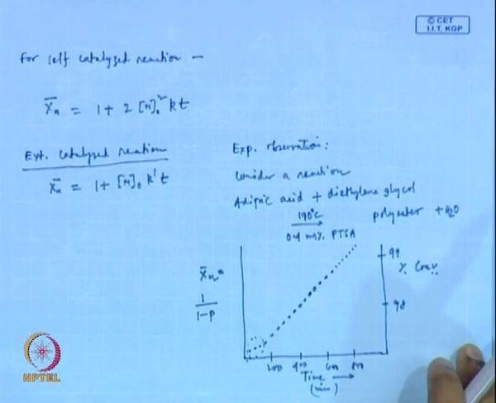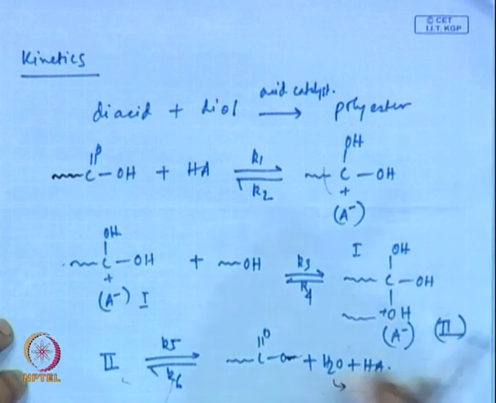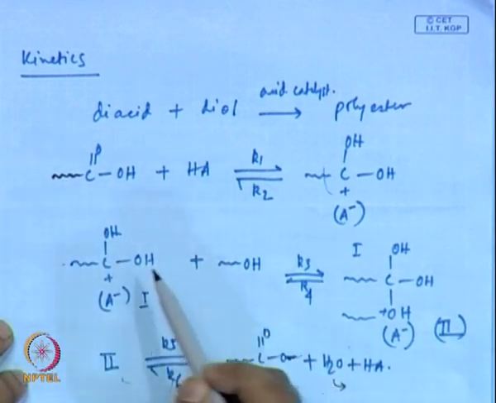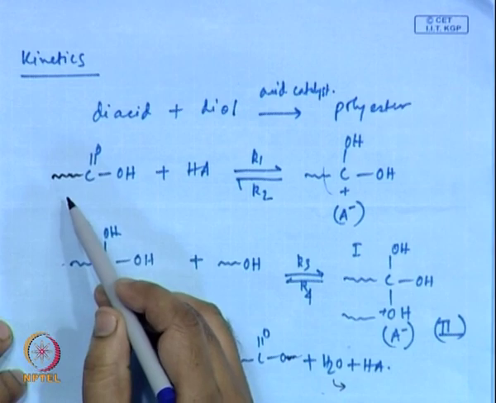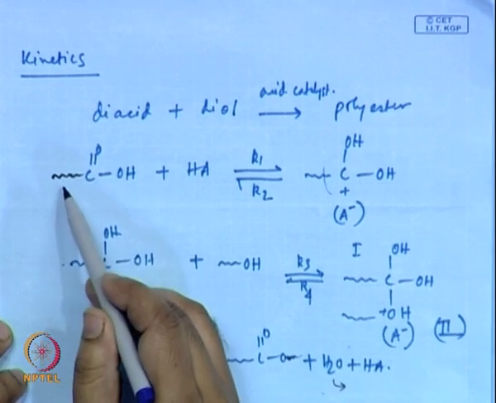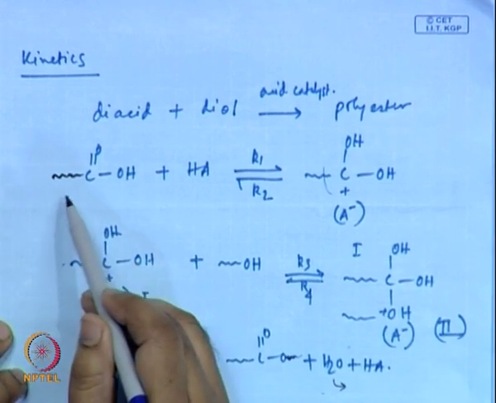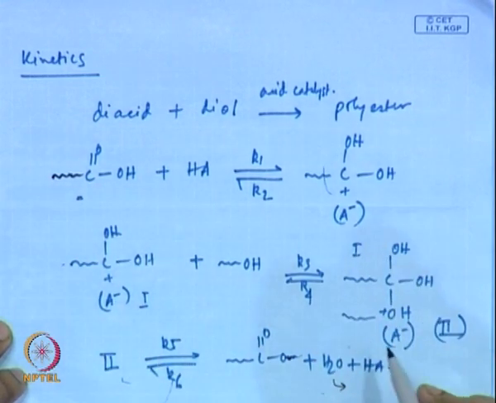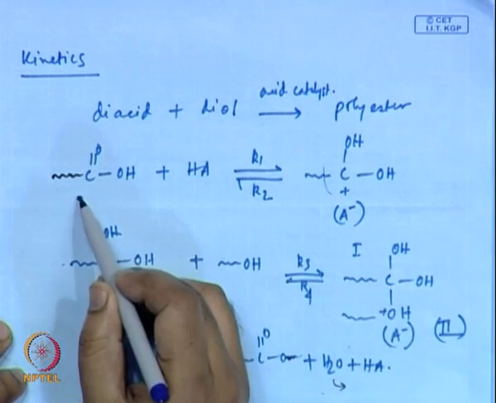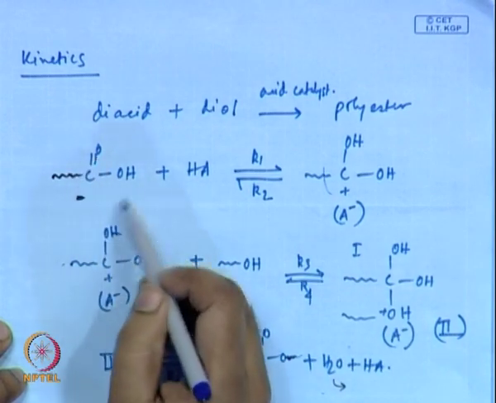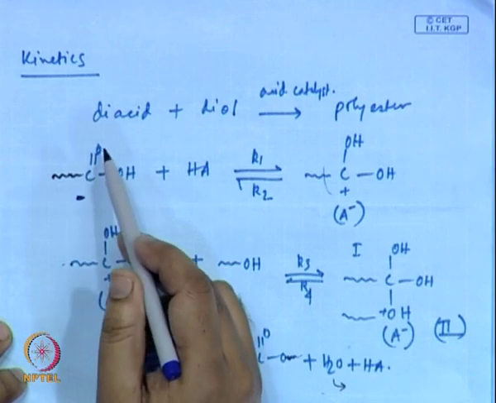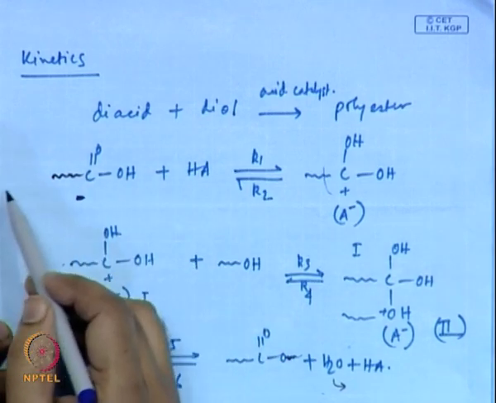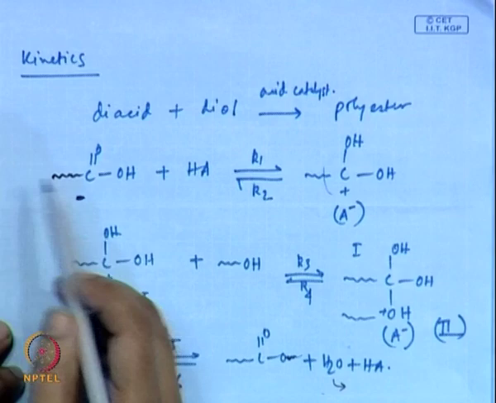Now, what does it mean? Remember the reaction, how did we go about the reaction? During the deduction of that kinetic equation expression, we have used functional group like this, which means we have considered the reactivity of functional group independent of the size of the molecules.